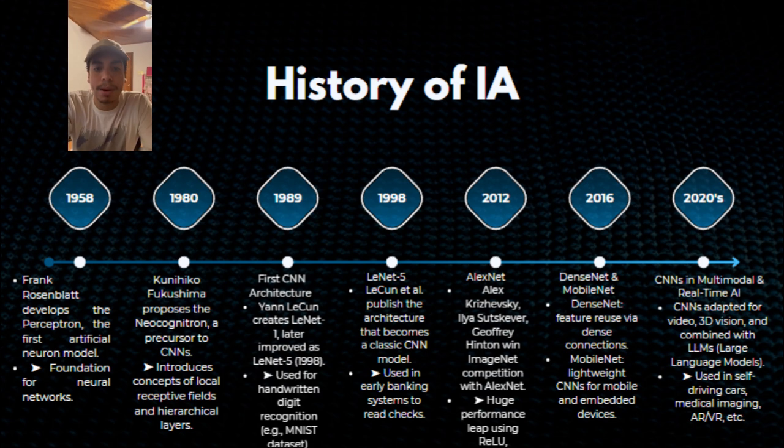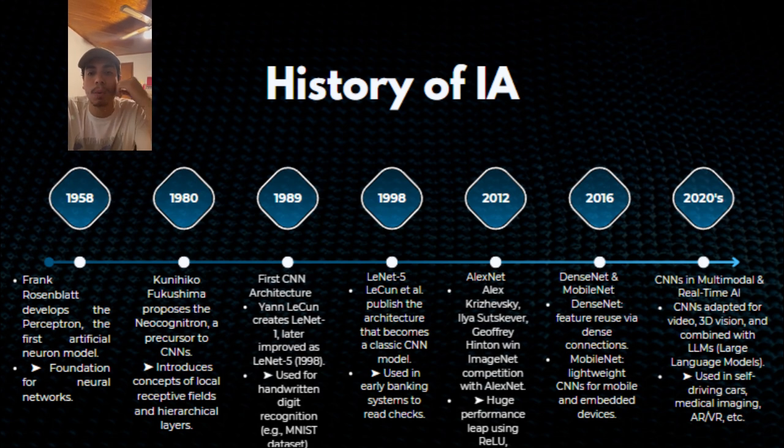I will speak about the history of CNNs, okay? The first step was in the year 1958. In that year, Frank Rosenblatt developed the perceptron, the first artificial neural model, the foundation for neural networks. That was the first step and was the base for everything later in the work about CNNs.